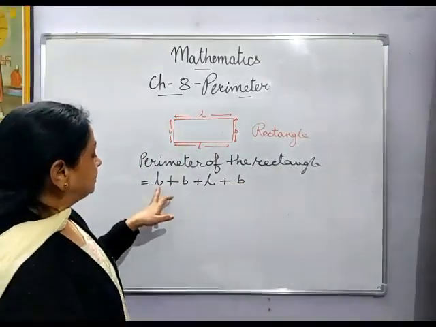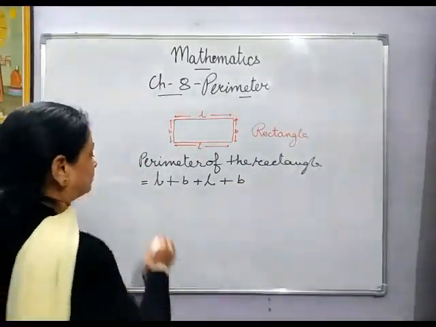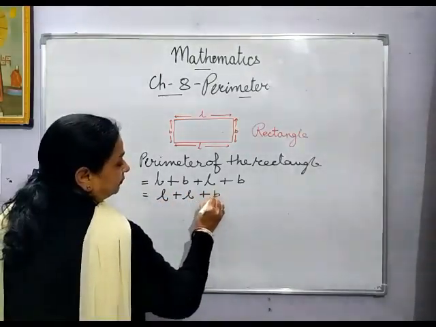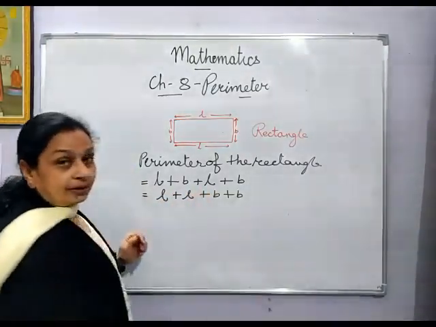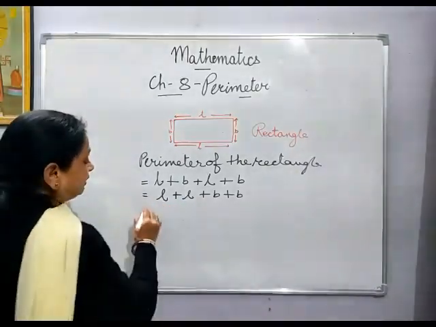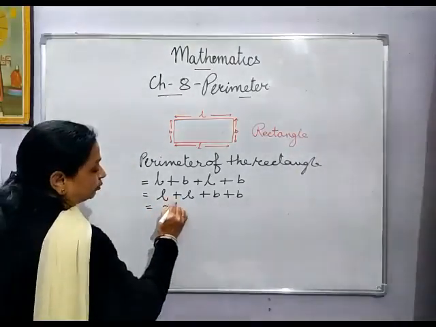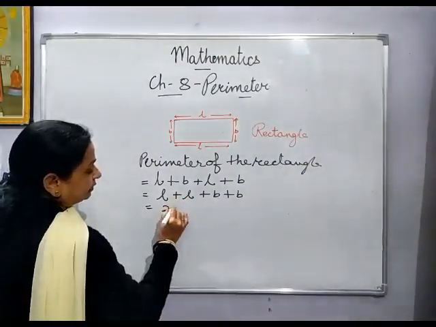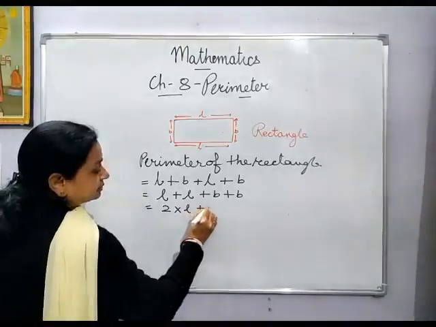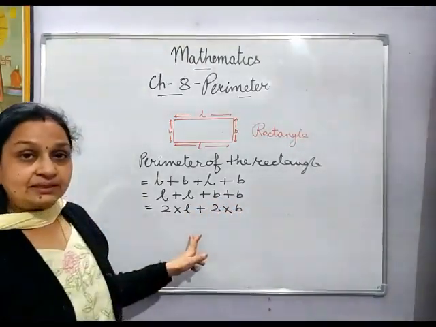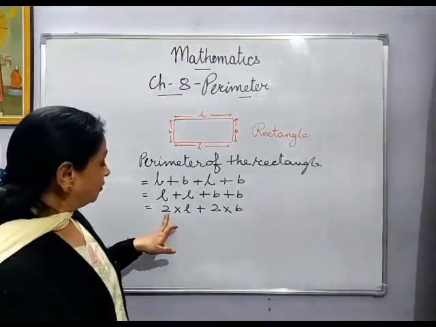Now you see there are 2 lengths and 2 breadths. So what you can do is bring them together. There are two lengths, so we can write 2 into L, plus again there are two breadths.